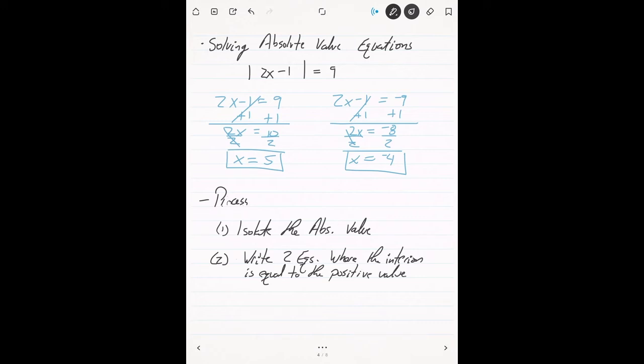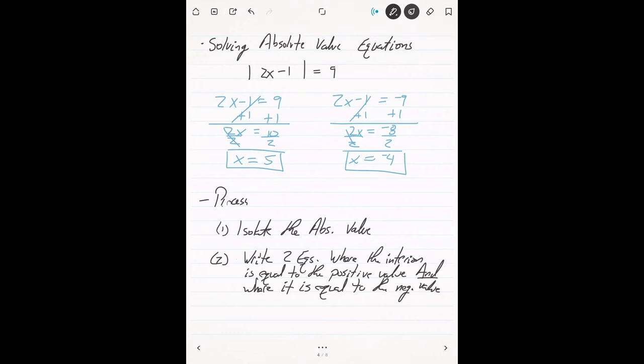So you can write two equations, one where the interior is equal to the positive value, and one where it is equal to the negative value.